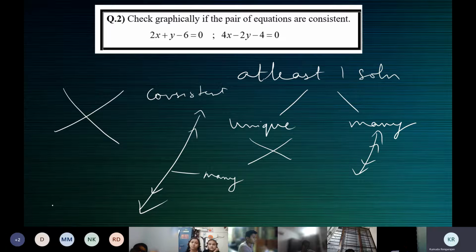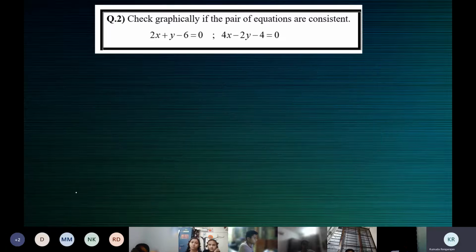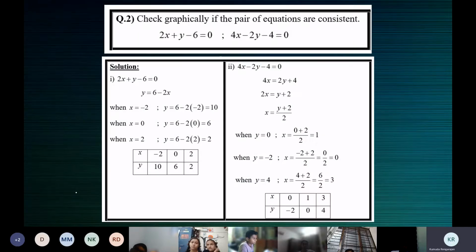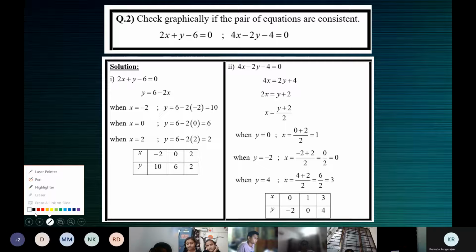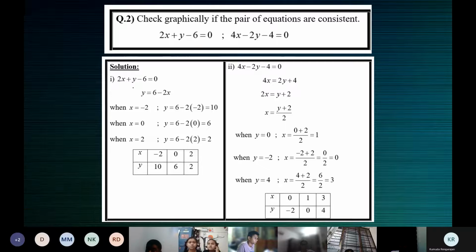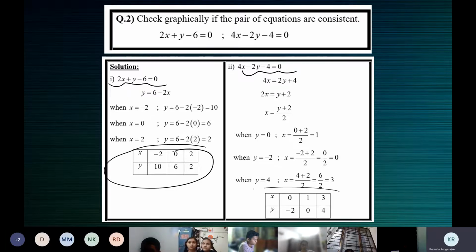Now, if I show you this graph, you will understand. We make the table. This is one equation. This is the other equation. We make the table for the first equation, the table for the second equation, and then we plot the points.